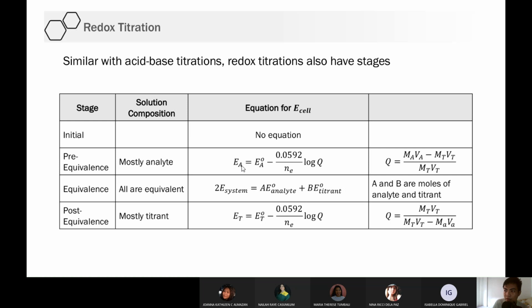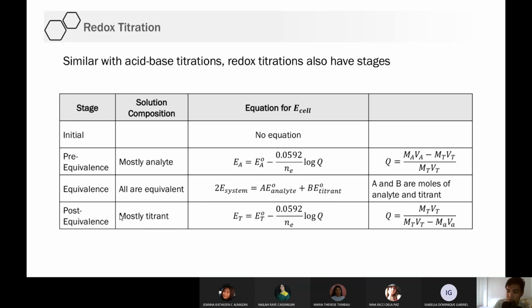So you should be familiar with this Nernst equation for the analyte. Kasi ang ating species ay mostly analyte, no? Now, how will you solve for the Q? To solve for the Q, just use this equation, MAVA minus MTBT over MTBT. Okay? We just follow this equation.